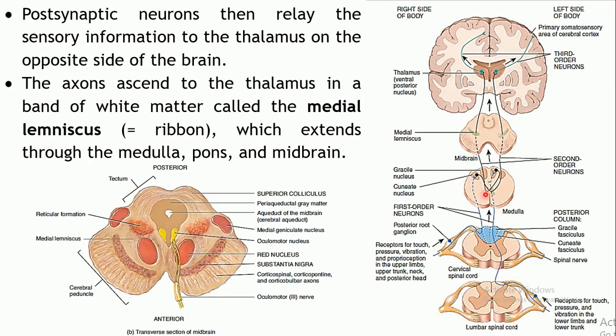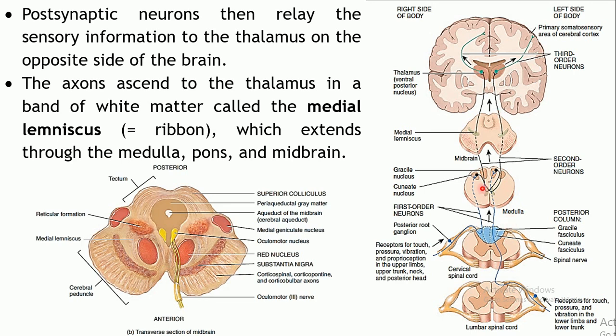Okay, so this sensory information is then conveyed towards the thalamus on the opposite side as it crosses over, right? So these axons ascend towards the thalamus, which is located over here.